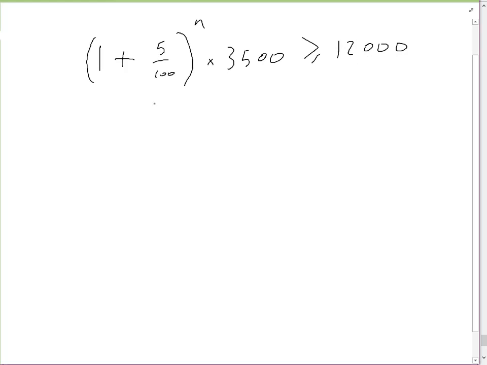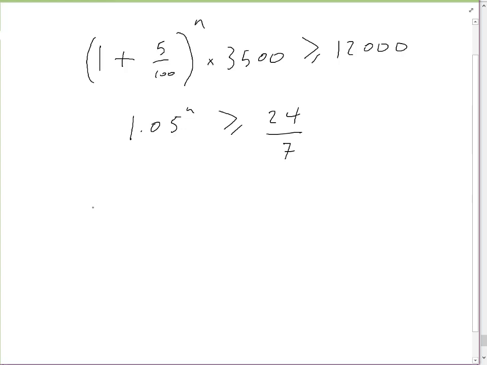So what should n be? Well, this is 1.05 to the power n, and I want this to be greater than or equal. If I divide these, then you get 24/7, I think. Divided by 24/7, yes, okay.